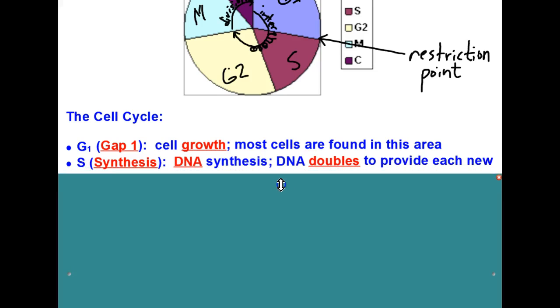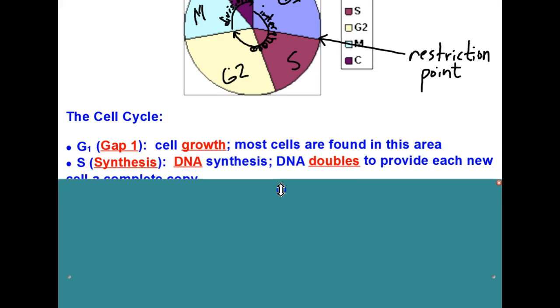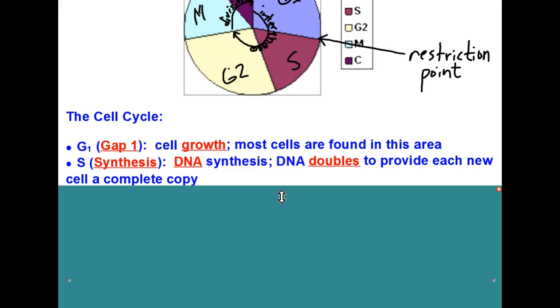S is the synthesis stage. Here is where DNA doubles to provide each new cell a complete copy of itself. Synthesis means to build, so this is the building stage for DNA, where DNA doubles.